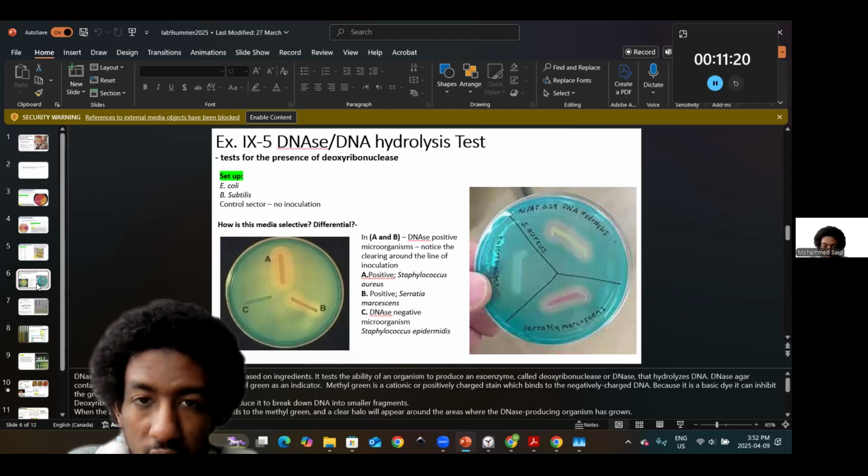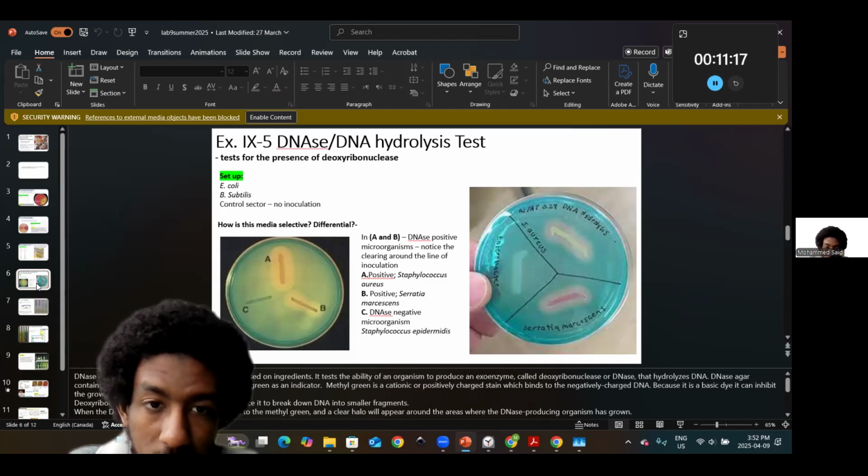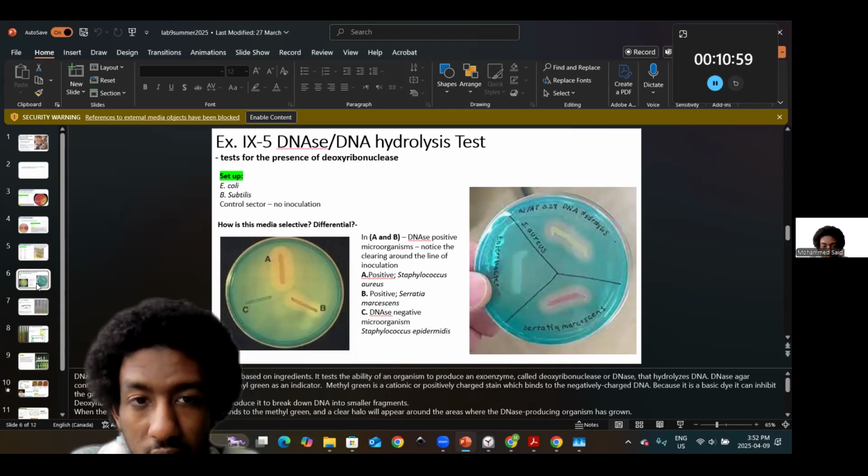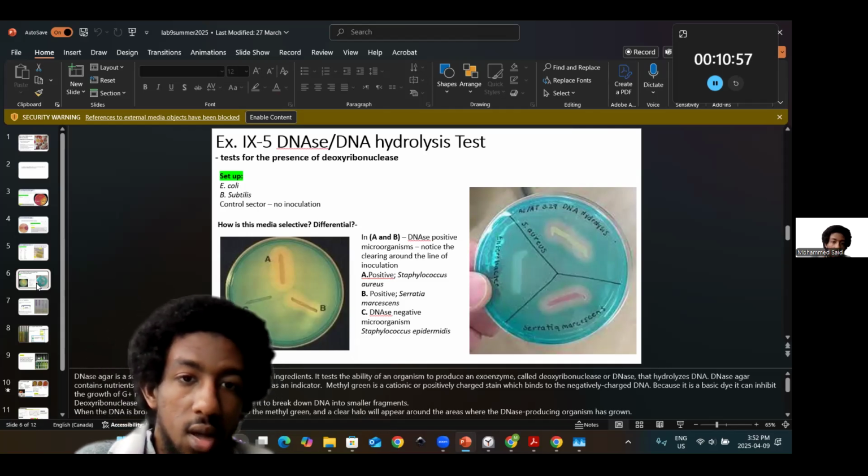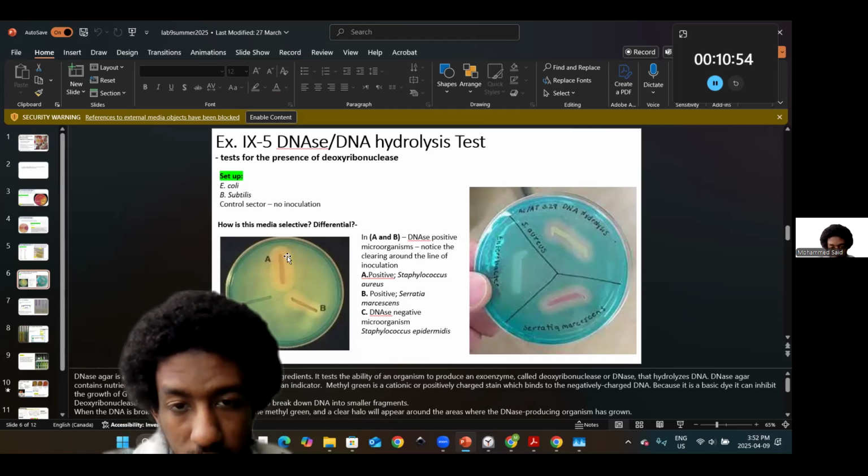But what's important is that if there's a breakdown of DNA around the periphery of your bacteria, i.e., if it has DNase, then you expect to see a halo and the clearing of that bluish hue, because that depicts the clearing of DNA. So the clearing of the blue hue, indicating a halo, indicates DNase being present in the bacteria itself.